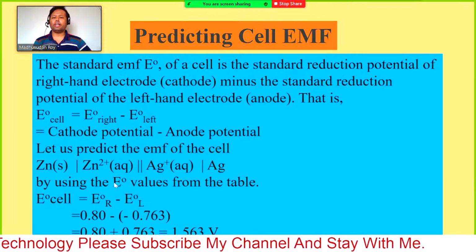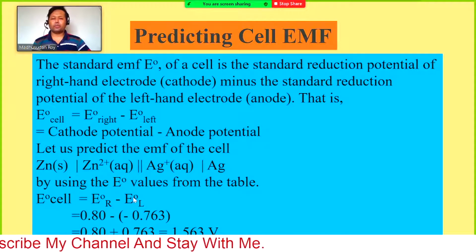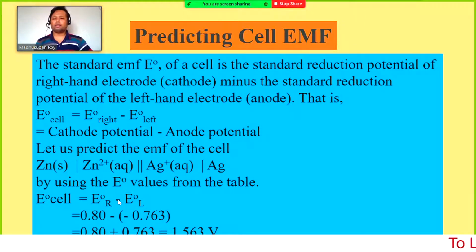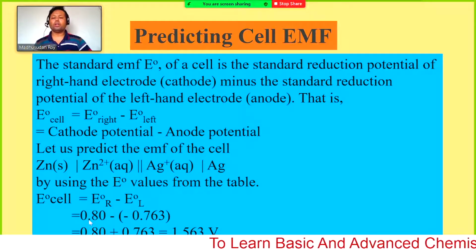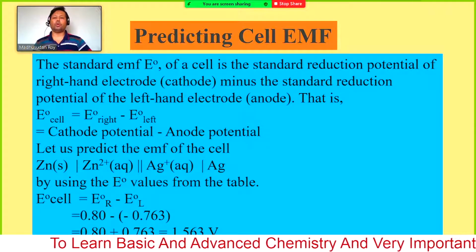So our equation is right hand electrode minus left hand electrode, that means EMF of right hand electrode minus EMF of left hand electrode. So it was 0.80 minus, this is minus, and then from the table minus 0.76. So overall we are getting 1.56 electron volt.